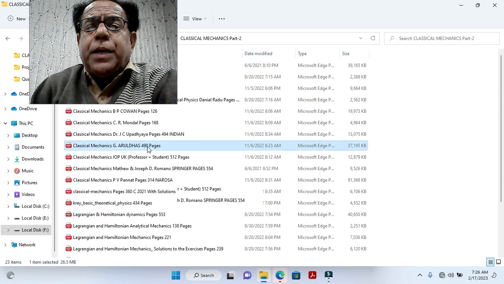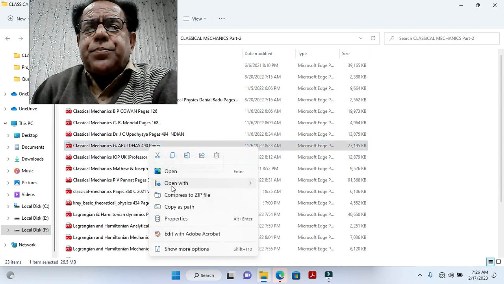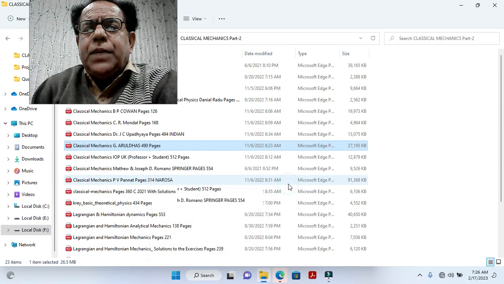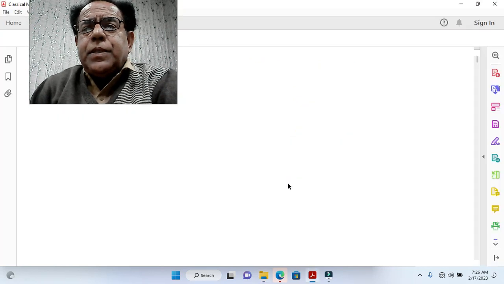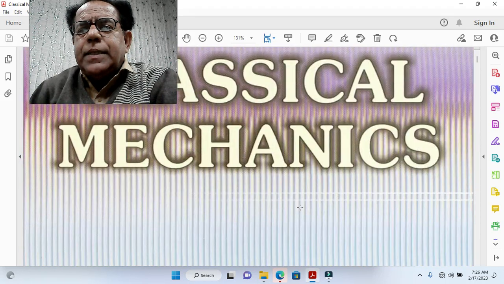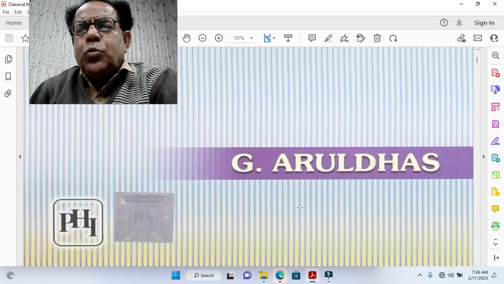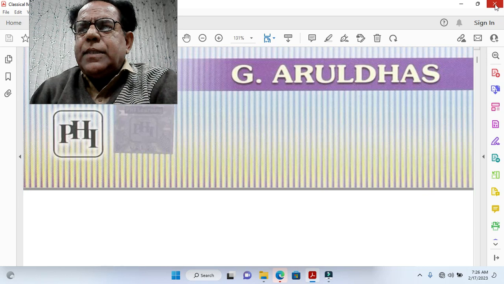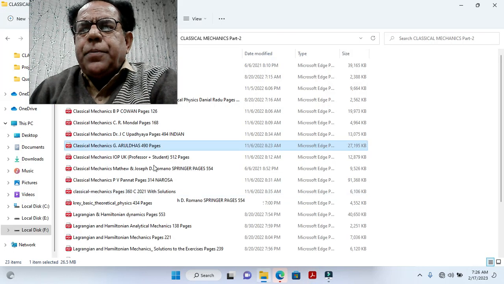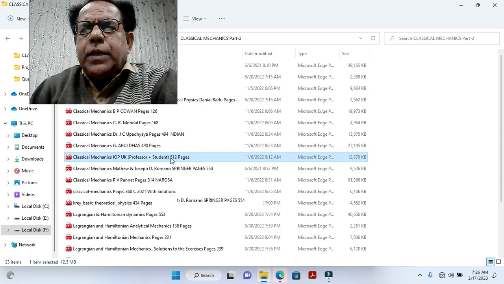Anyhow, despite this mistake, we reopen this book, which we have seen previously. Classical Mechanics, G. Arul Das. Yes, this is the same book which we have visited previously. Now we move to another book.